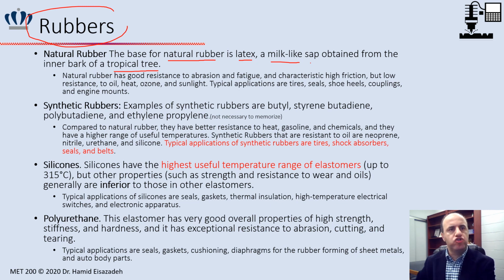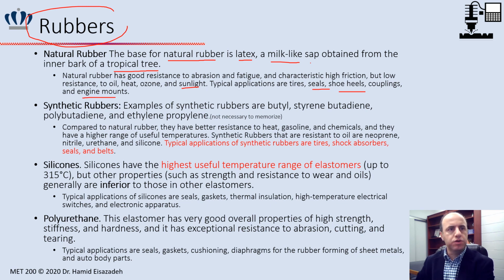Natural rubber has a good resistance to abrasion and fatigue, but a low resistance to oil, heat, ozone, as well as sunlight. It has good application in tires, seals, shoe heels and engine mounts.